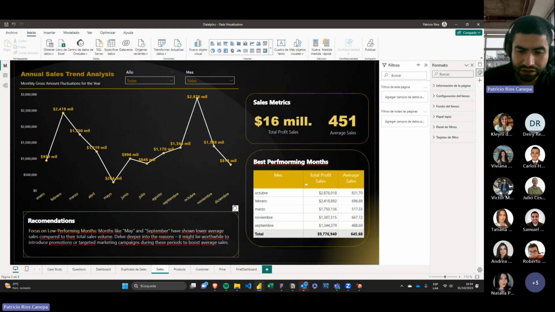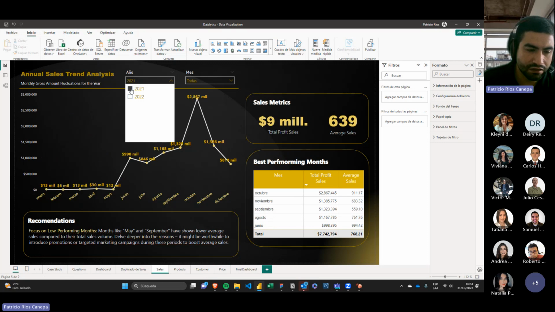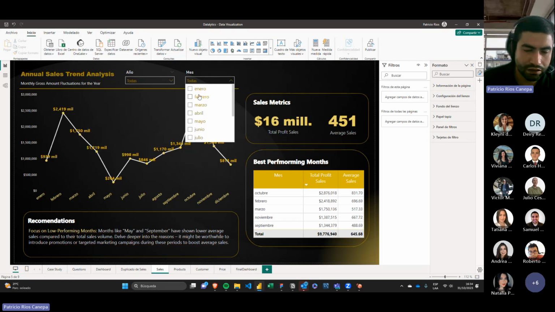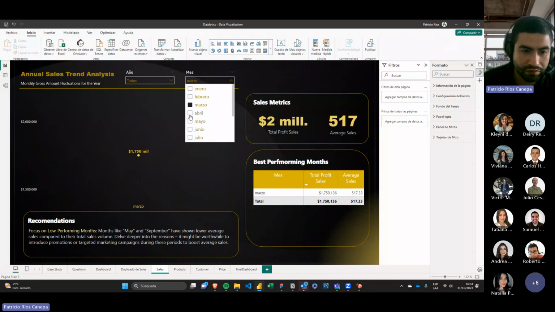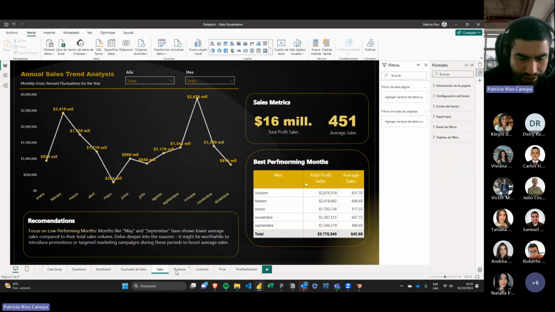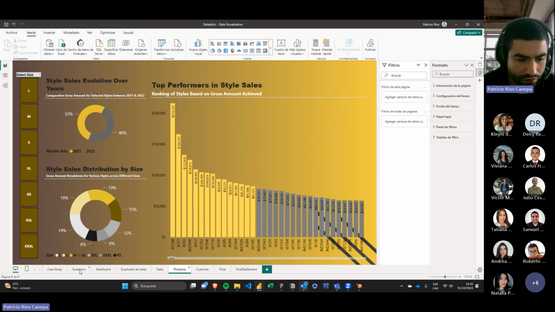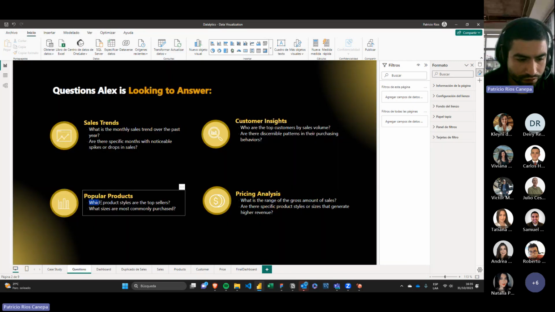That is really important maybe for a stakeholder, and if we want to take a look at just a couple of years or a couple of months, we can also take a look at that as well.